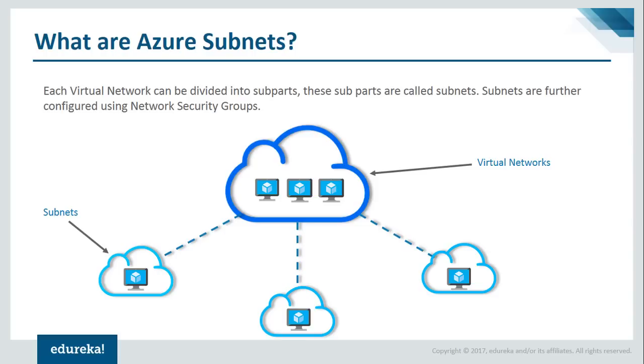Now, this subnet can actually be given unique properties. For example, in this same virtual network, you have 3 virtual machines, right? One virtual machine is in one subnet, and the other virtual machine is in another subnet. But these subnets you can configure to be unique. For example, we want to create a public subnet. So a public subnet is basically a subnet which has internet access.